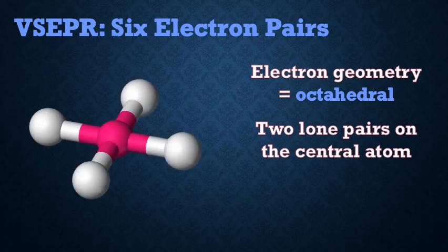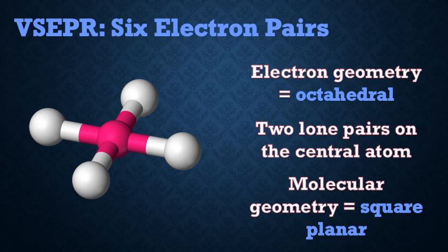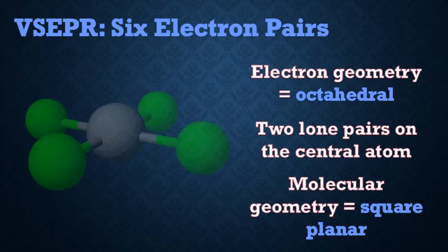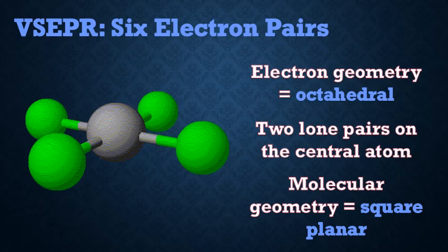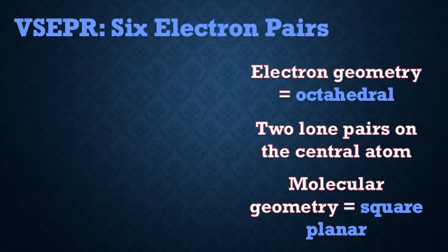But if there's 2 lone pairs on the central atom, then we say the shape is square planar. And that's what a square planar looks like. It's all on the same plane.